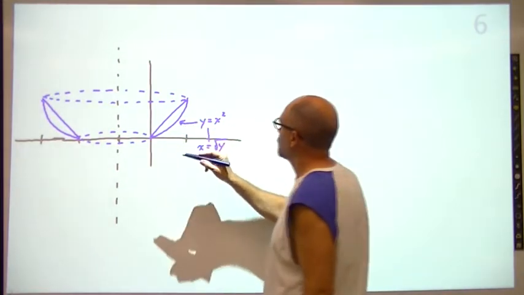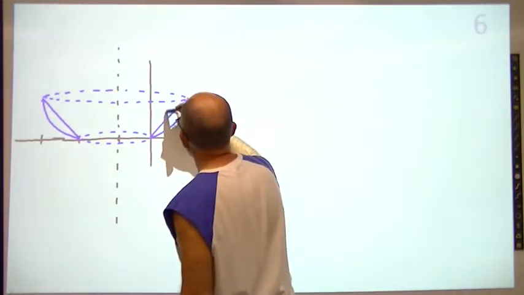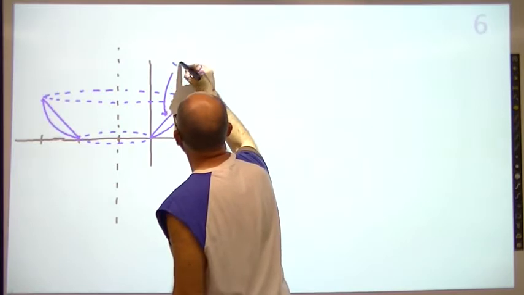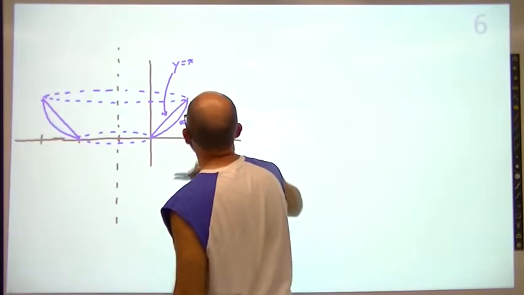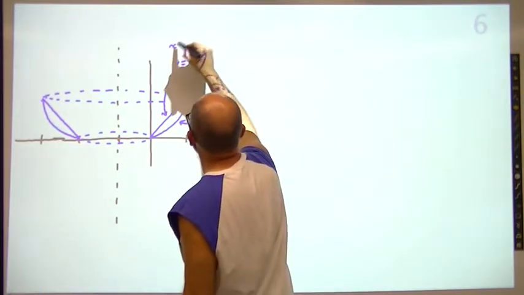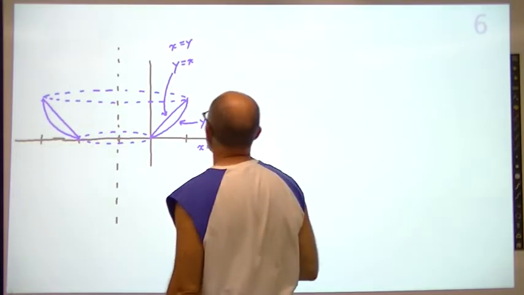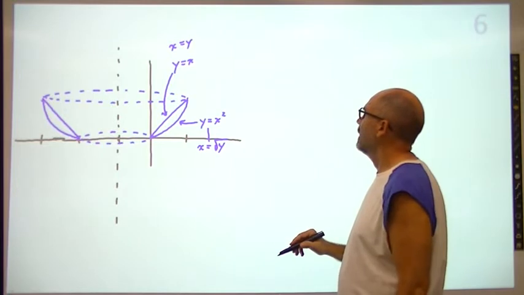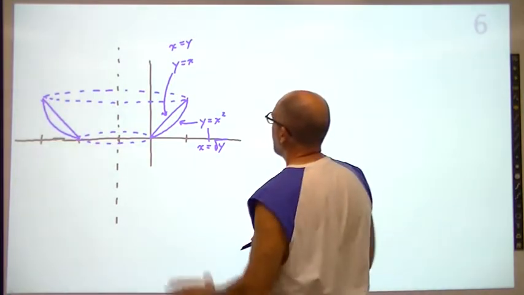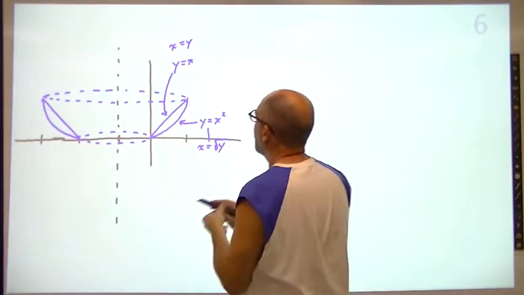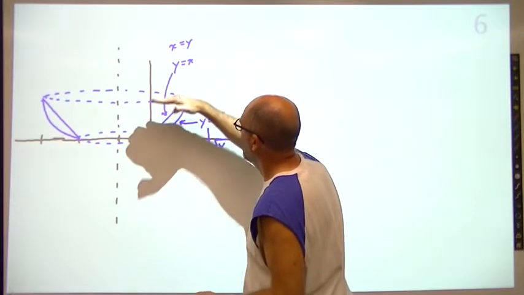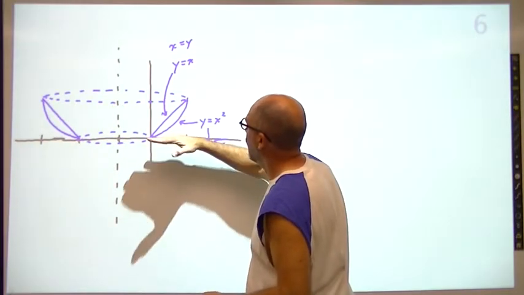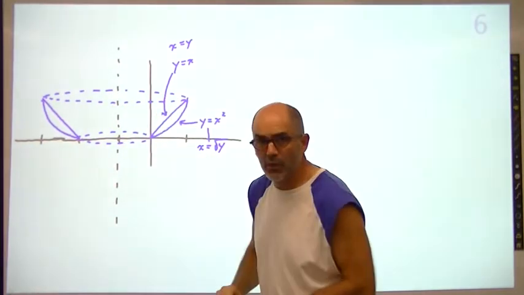Now what about this function? Well, this one is y equals x. If I want to get x by itself, then x equals y. I'm integrating from 0 to 1, but it's y equals 0 to y equals 1 this time.